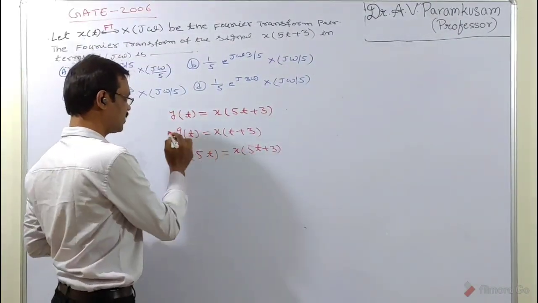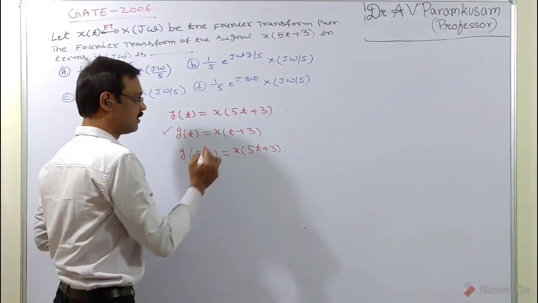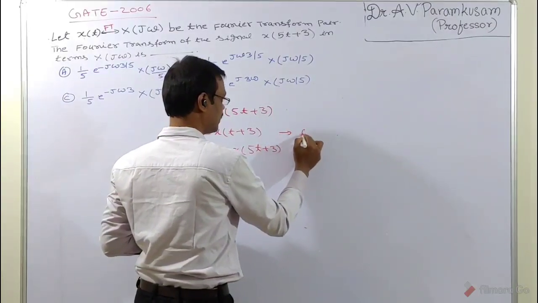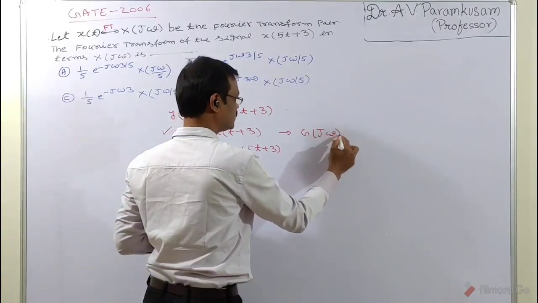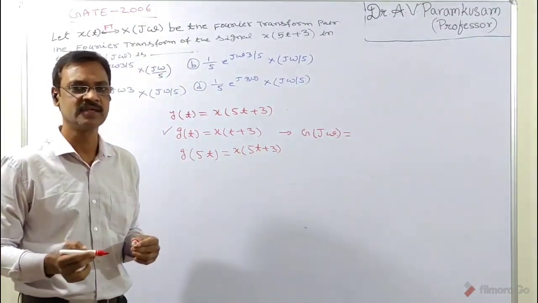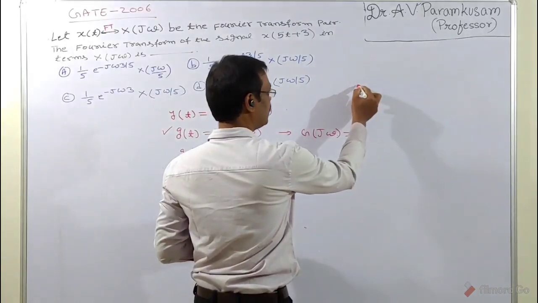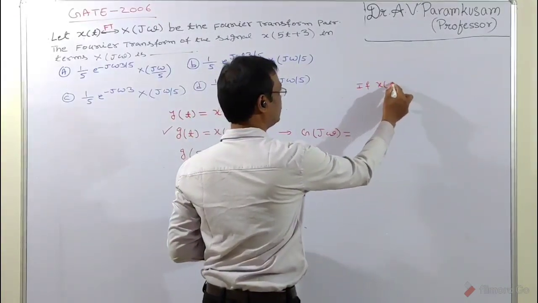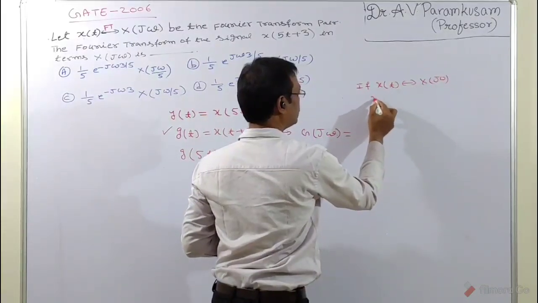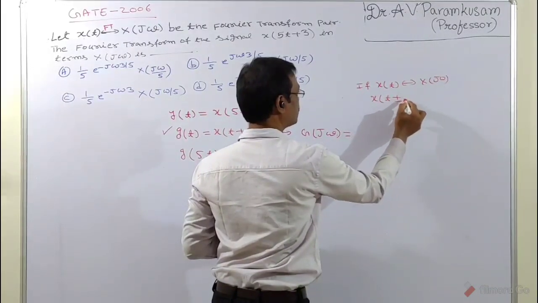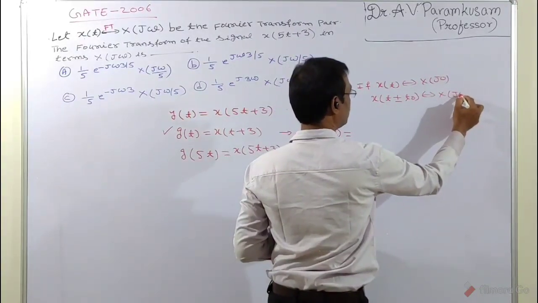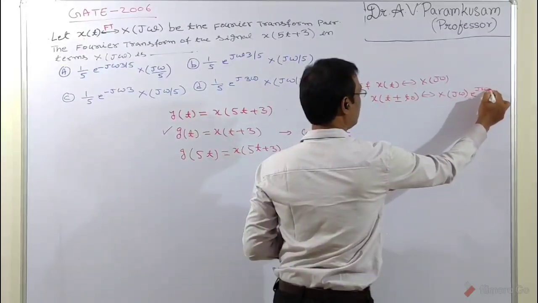Now we need to find the expression for the Fourier transform of x of 5t plus 3. So first you apply the Fourier transform on both sides of this equation. Then the Fourier transform of g of t is given by G of j omega, which is equal to the Fourier transform of x of t plus 3. According to the time shifting property, if the Fourier transform of x of t is X of j omega, then the Fourier transform of x of t plus or minus t naught is X of j omega into e to the power of plus or minus j omega t naught.